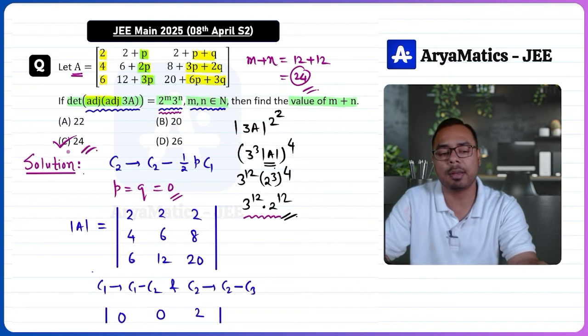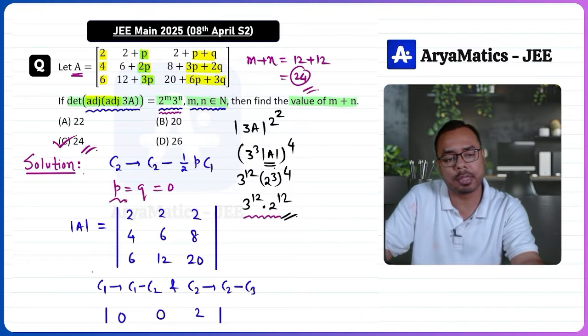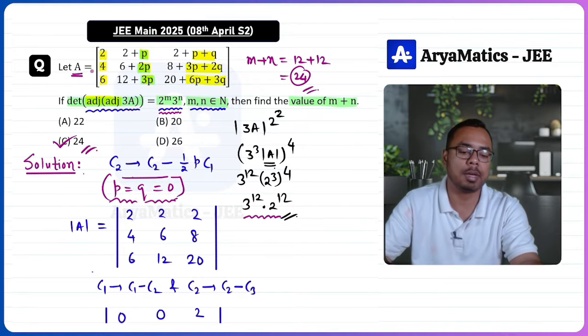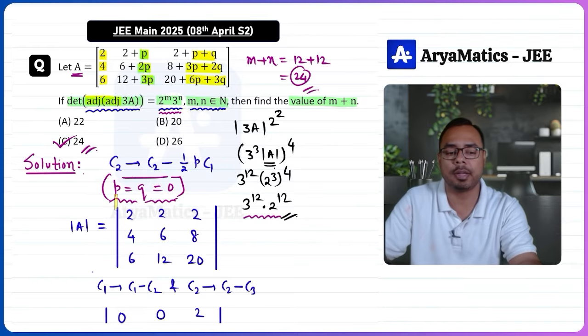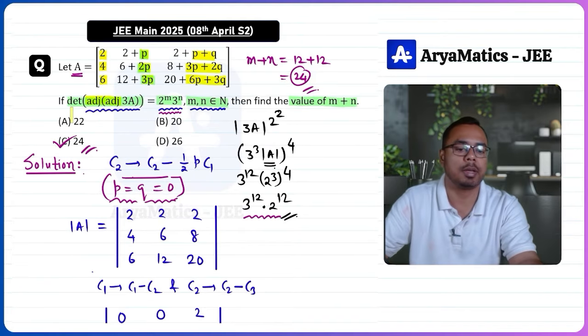Right? This was not a difficult problem, but there was one important concept: because the determinant of adjoint of 3A is independent of P and Q, the determinant of this matrix A must also be independent of P and Q. Therefore, in place of P and Q we can take 0, and then in a few lines we can get the determinant of matrix A, and after that we can use properties of adjoint.